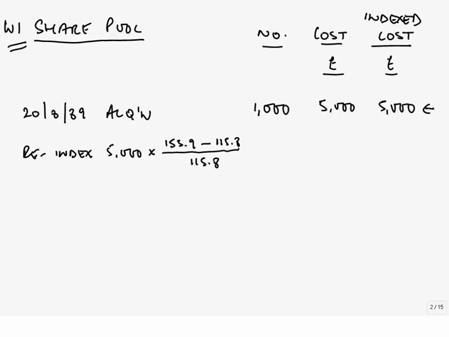When I put that through my calculator, what I've got, hopefully correctly, is £1,645. Add that in, which means at this date, bringing the index cost column up to date for the effects of inflation from that original purchase through to the date of this second purchase, our index cost column will now read £6,645.